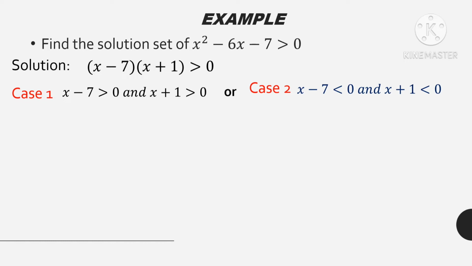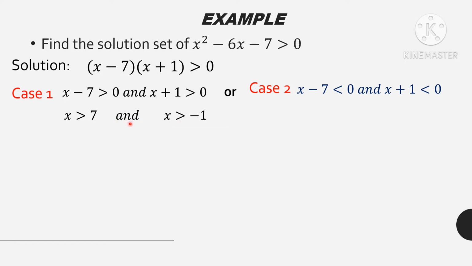Okay? So, we have to solve this inequality, x minus 7 is greater than 0, and x plus 1 is greater than 0. So if we solve, we'll come up with x is greater than 7. So we transpose this to the right side, so positive 7. And x is greater than negative 1. So we transpose this positive 1 to the right side, so it becomes negative 1.